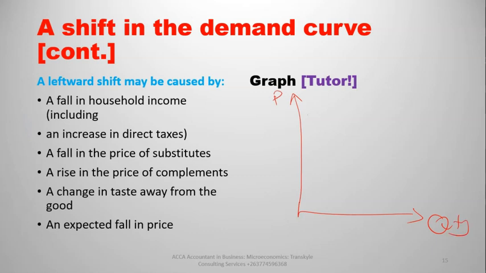Okay, and this is our demand curve. All right, and let's say the original one was this one. This was the original. So when we are talking of a leftward shift, we are simply saying moving to the left.